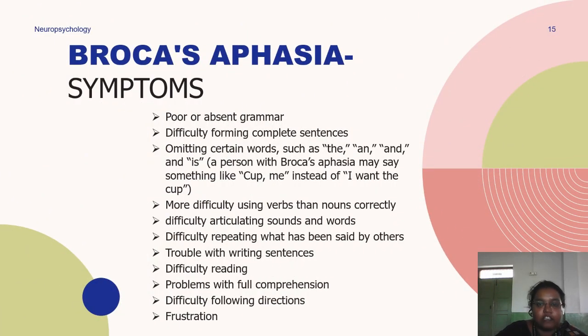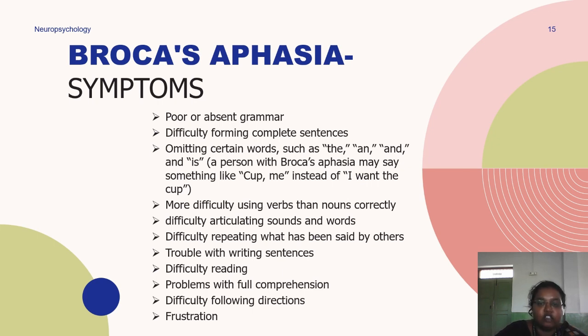Broca's aphasia's symptoms include poor or absent grammar, difficulty forming complete sentences, and omitting words such as the, and, and is. A person with Broca's aphasia may say something like "cup me" instead of "I want the cup."